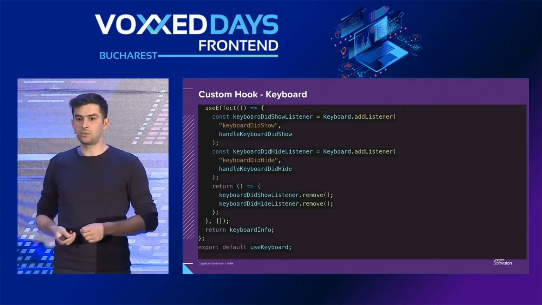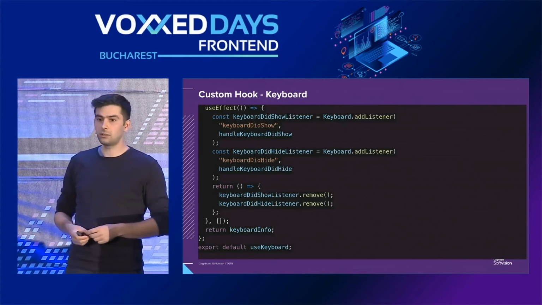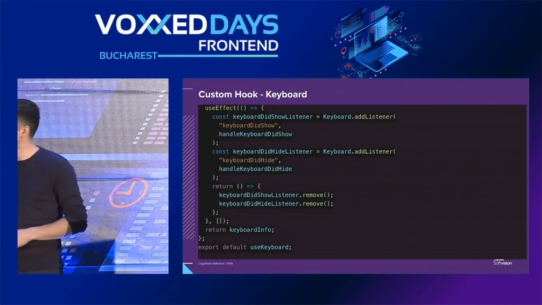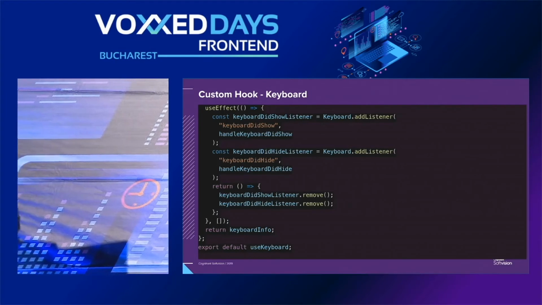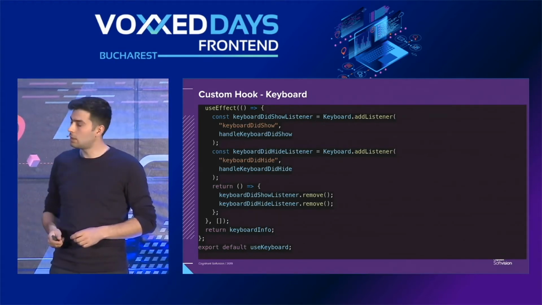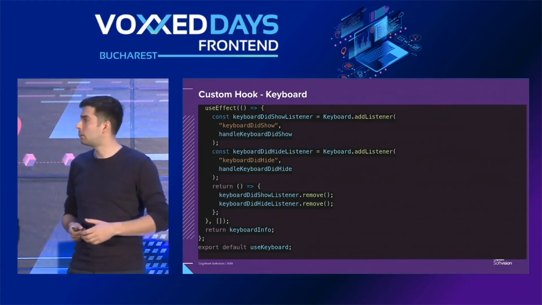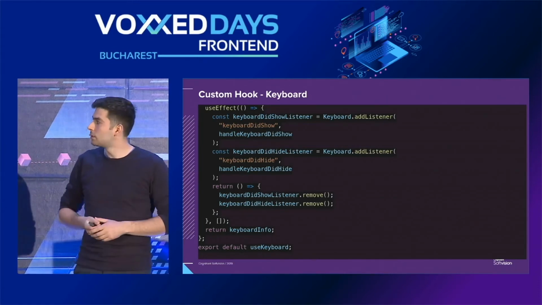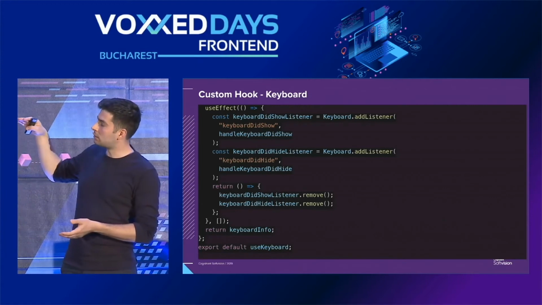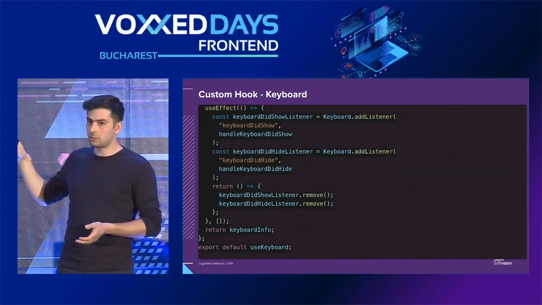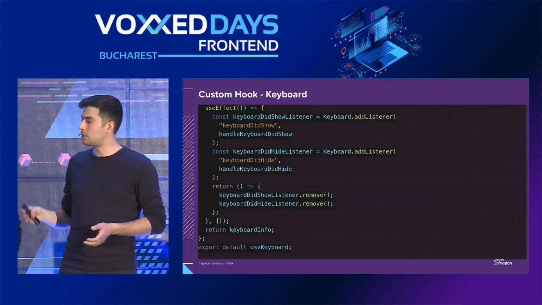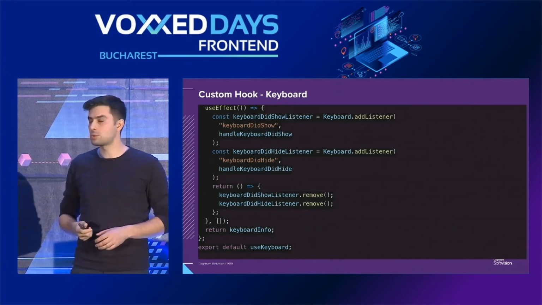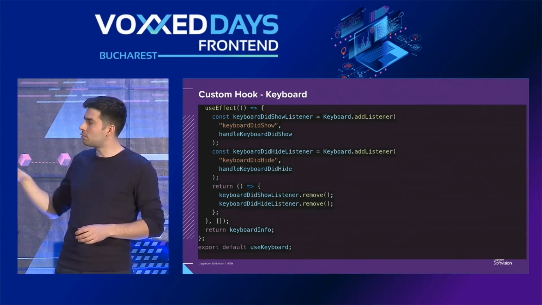Yeah, in a useEffect hook, I'm listening for those two events, and at the end, I'm returning an arrow function. As Alin said, this will be called when the component unmounts. Because I'm adding the listeners and removing them in the same location, I'm more sure that I won't miss one line.